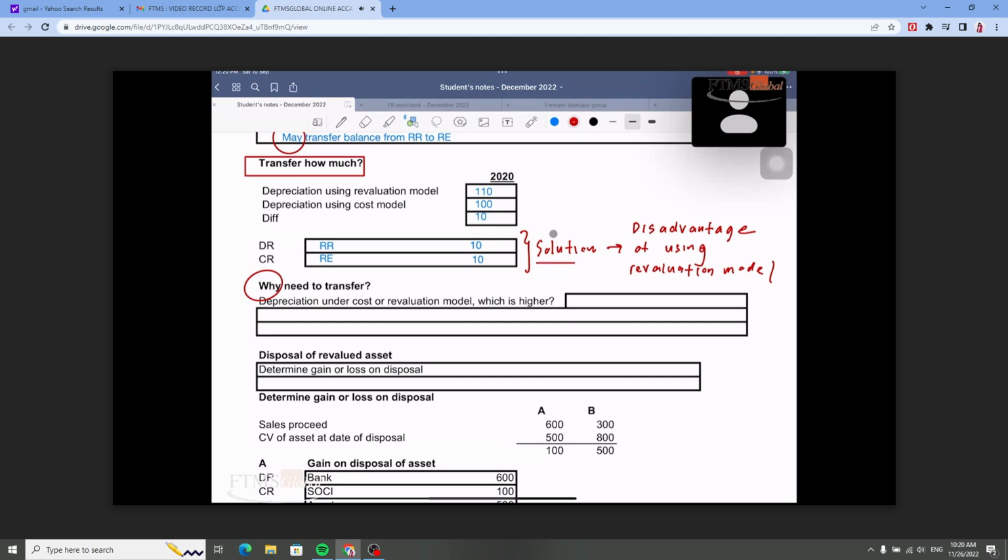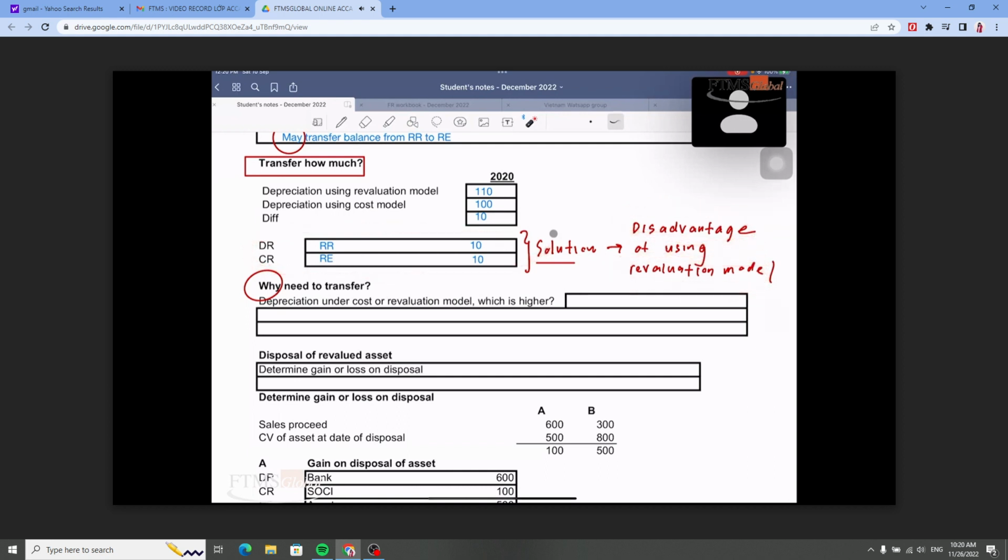So in other words, if I'm using revaluation model, I will have some disadvantage. To solve this disadvantage, I pass this double entry. So that's what I meant.